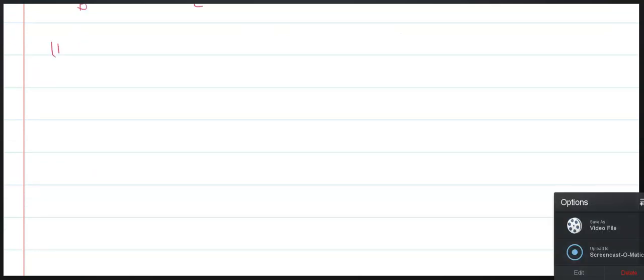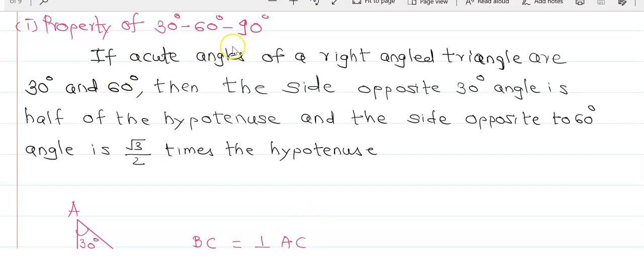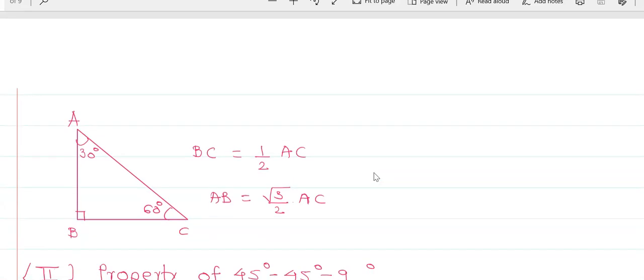Again, see this here. The property of 30, 60, 90 degree. If the acute angles of a right angle triangle are 30 degree and 60 degree, then the side opposite to 30 angle is half of the hypotenuse and the side opposite to 60 is root 3 upon 2 times the hypotenuse. Now see this in this figure.